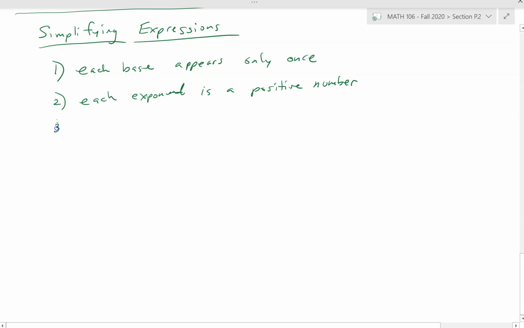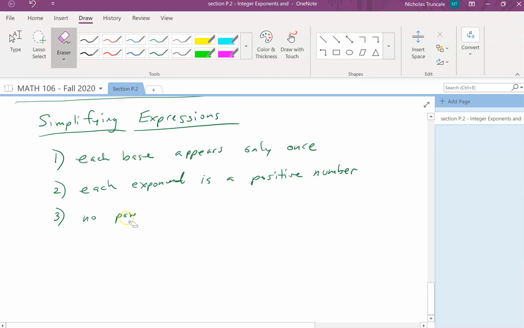And then the last thing would be no power, well, I should use the same term here, no exponent. By the way, if you hear me say power, exponent, they're equivalent. No exponent is raised to another exponent.